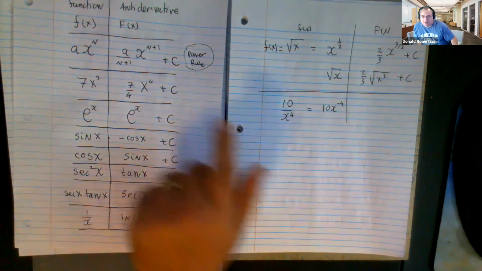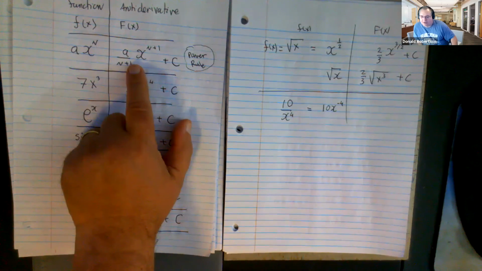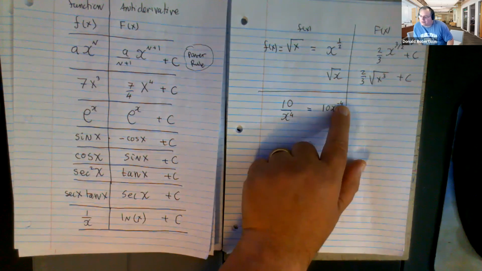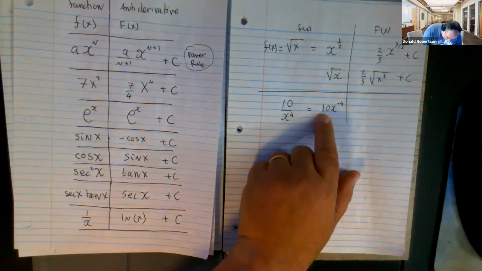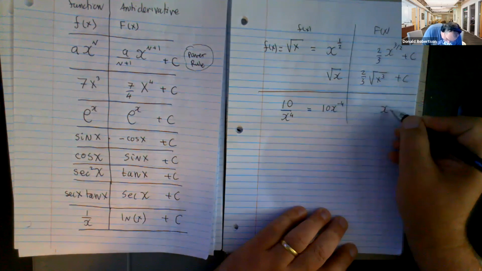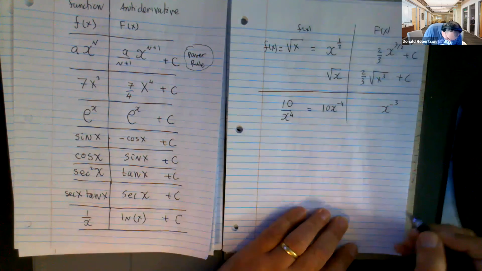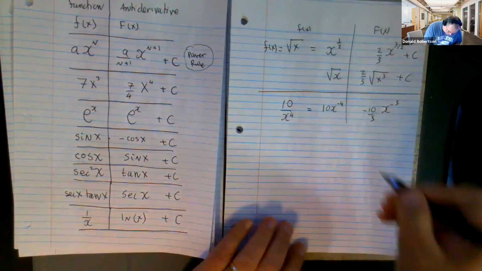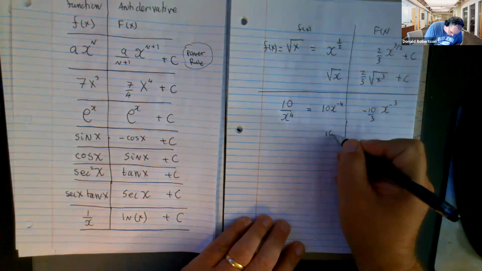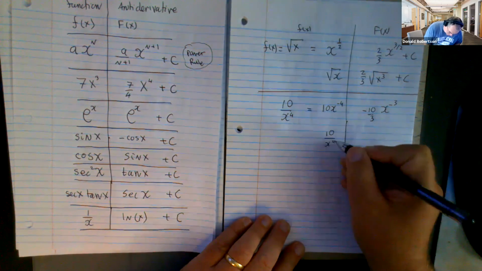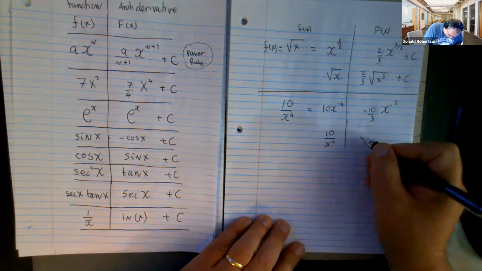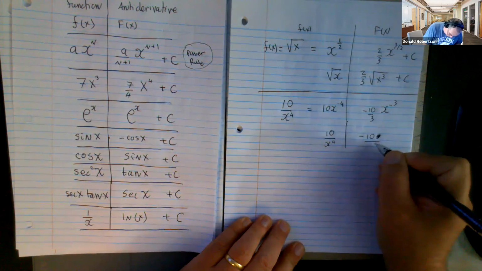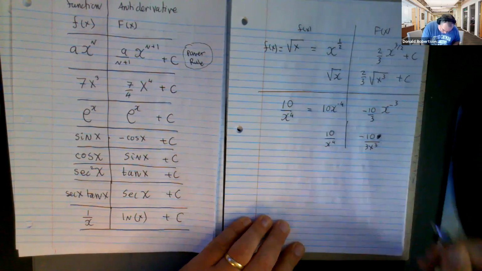That's how I say that out loud. That's the formula, but I think it makes more sense to think of adding 1 to the power and then dividing by the new power. Now, if you add 1 to that, you get -3. If you divide by the new power, that's the guy you've got. And then style points kicks in. That's the original. That's what the answer should look like.